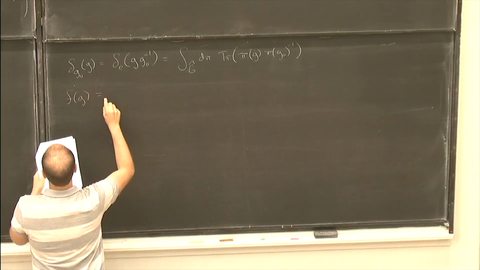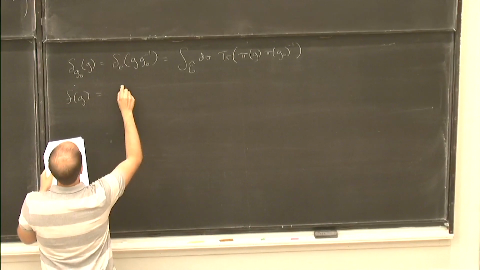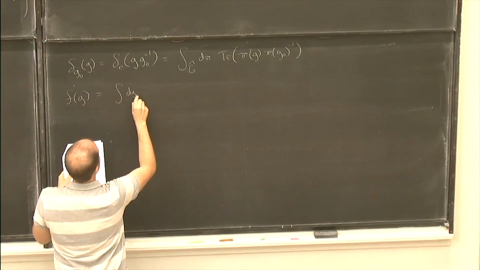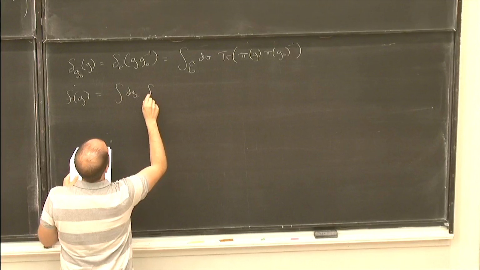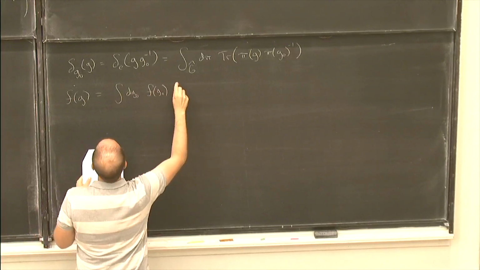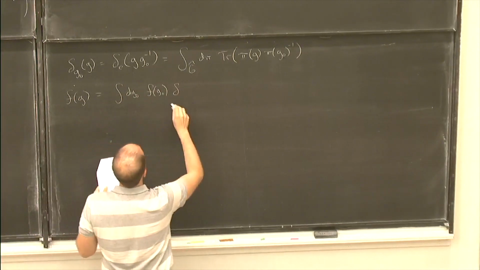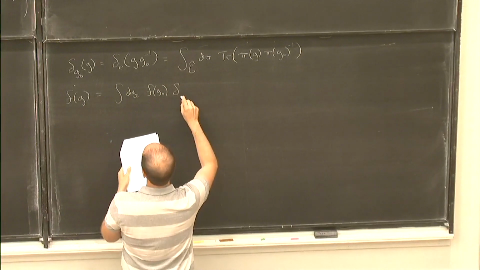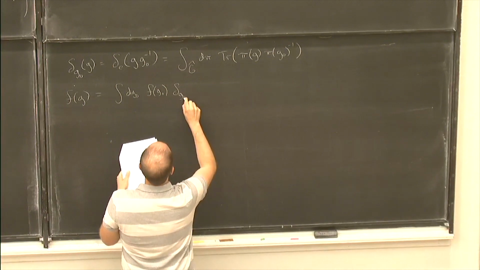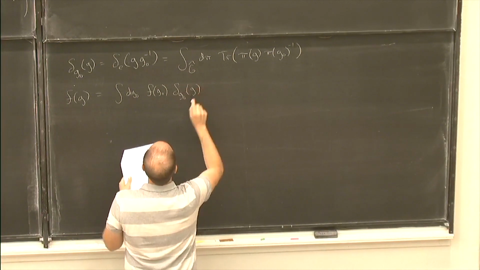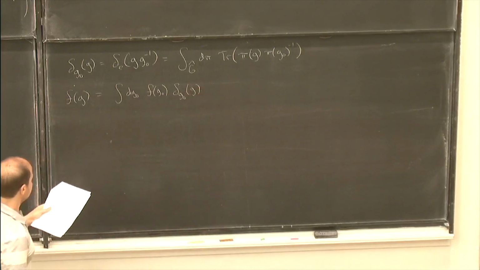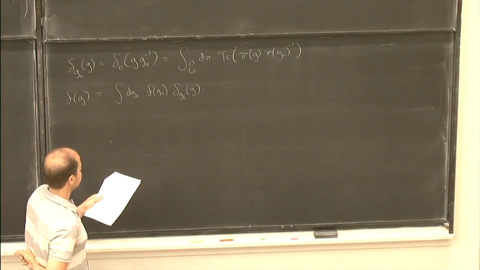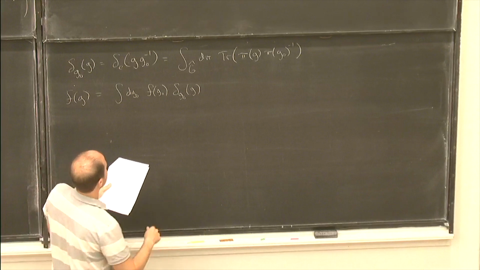And so now we can integrate against a function to get an expression for f of g. So let's say we have some function on the group f of g. We integrate the delta distribution against that. Actually, I think maybe I want to do it the other way around.